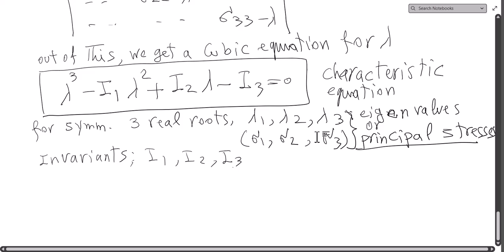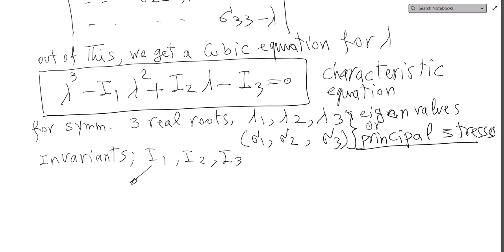So these invariants, the first one is your trace, which is sigma ii. The second one is the sum of diagonal minors, if you like. This is also equal to lambda 1 plus lambda 2 plus lambda 3, but before you solve it, you don't have it.